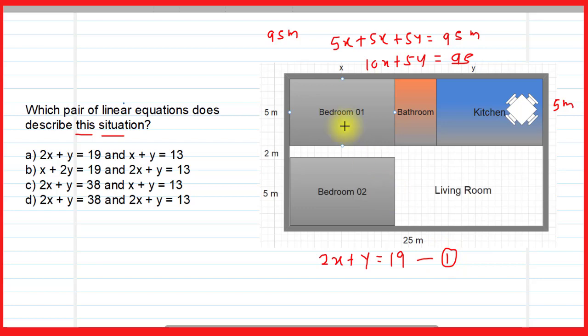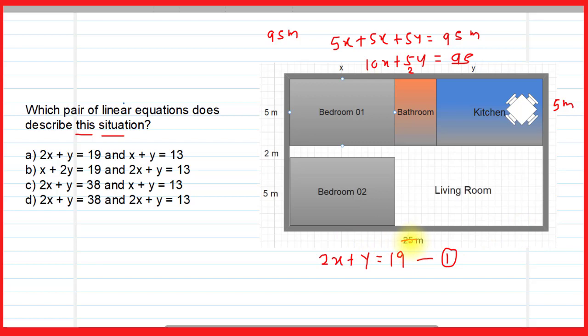Now the second information we have is this total length will be x. This bedroom length is given as 2 meter, and so this will be x plus 2 plus y. This will be the total length. But this total length is given as 25 meter.